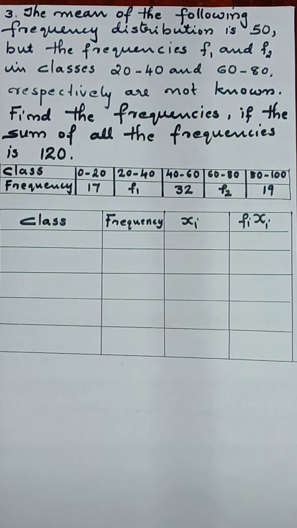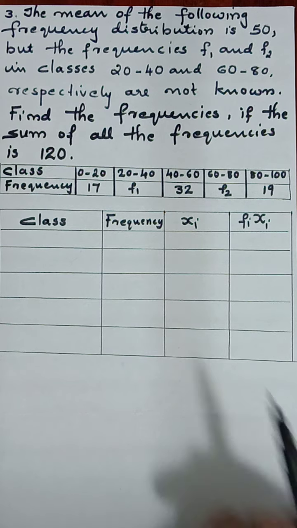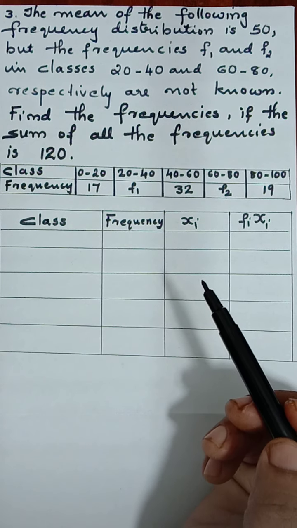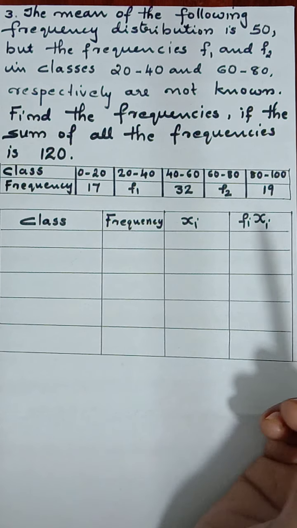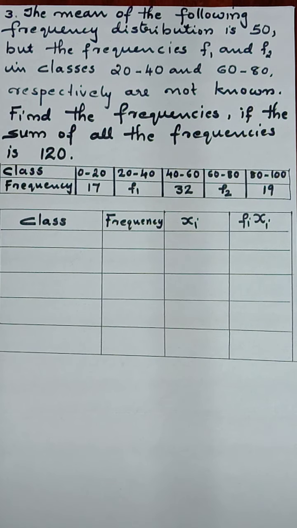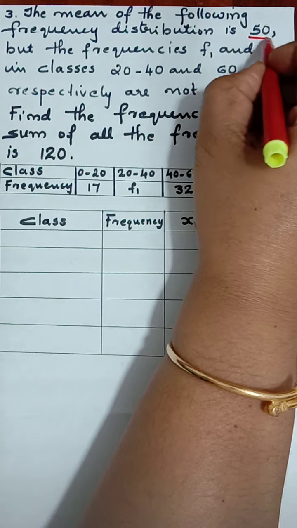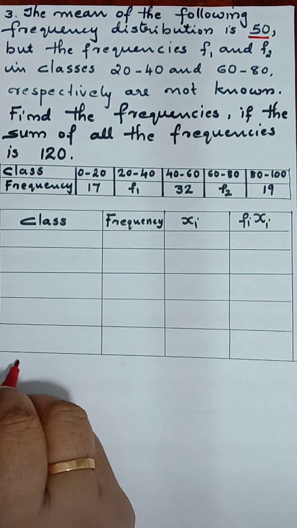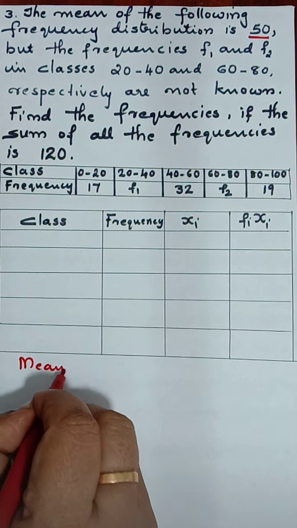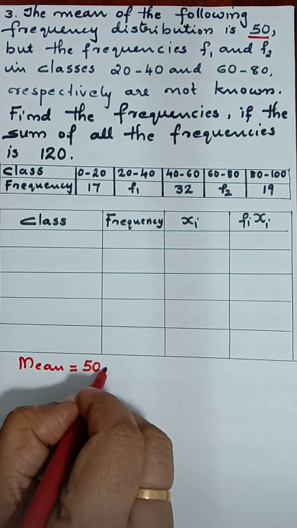Here using the direct method, we will be able to find missing frequencies. Let us see how to do this. Mean of the following frequency distribution is 50. Mean equal to 50, whatever is given.